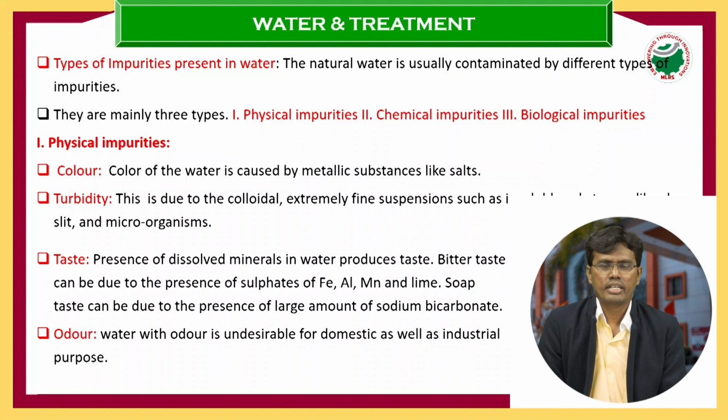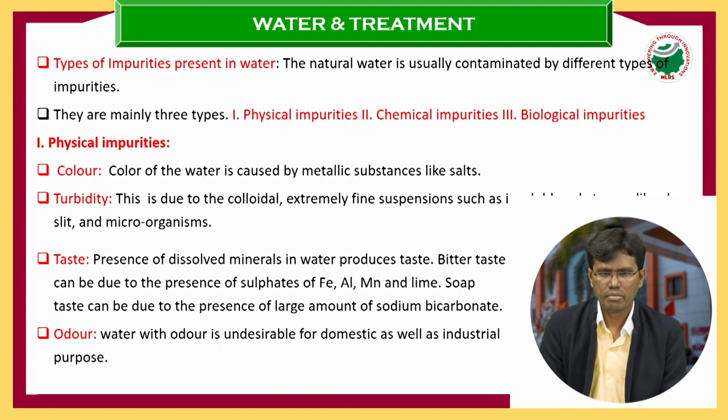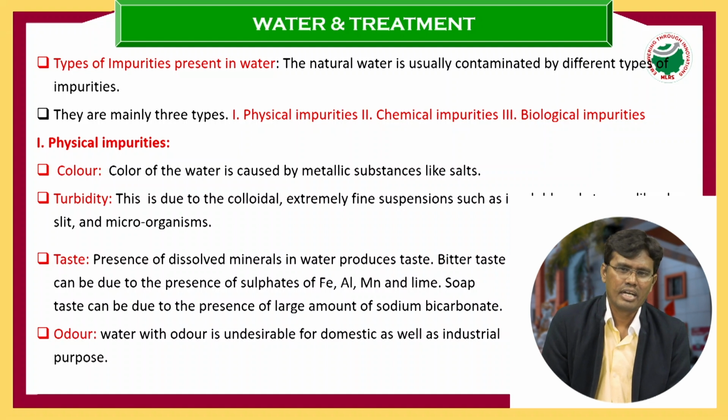Next, taste. If the water has some bitter taste, it may be contaminated with some different salts. Odor also may make it not useful for drinking purpose. So these are the physical impurities.